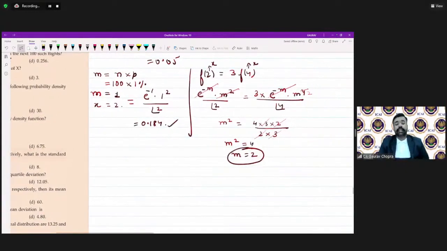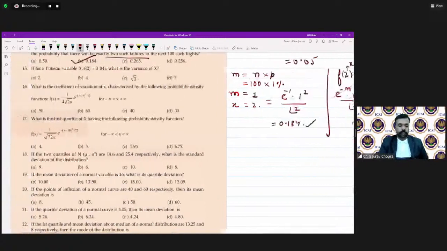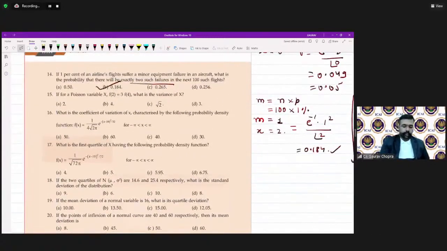So we know that mean is 2. So variance is also equal to 2. All right. Great. So this was question number 15.